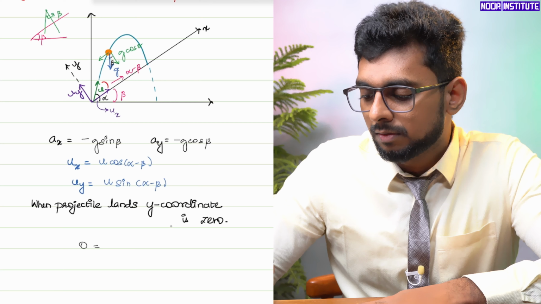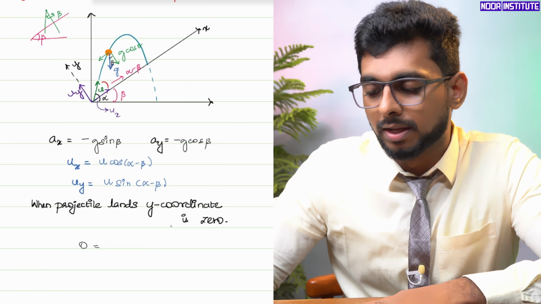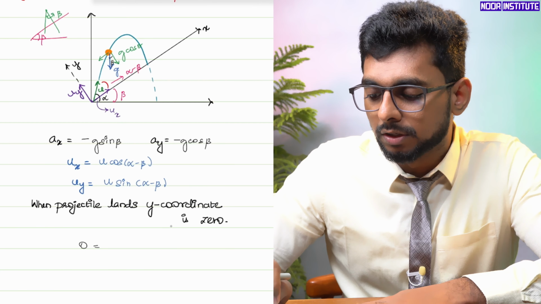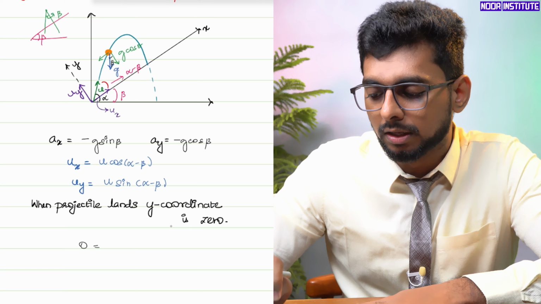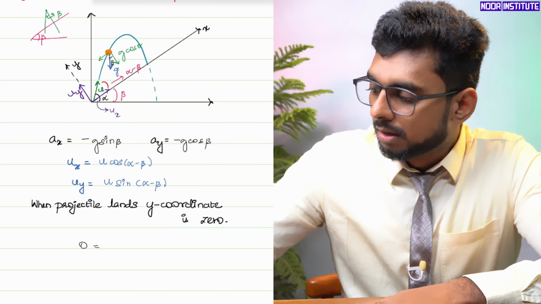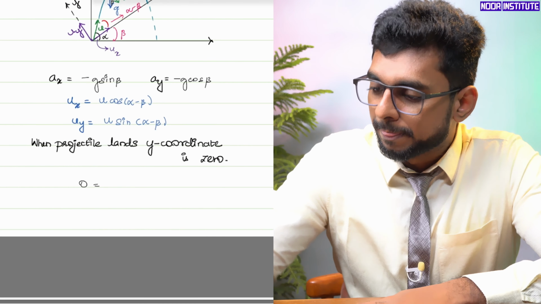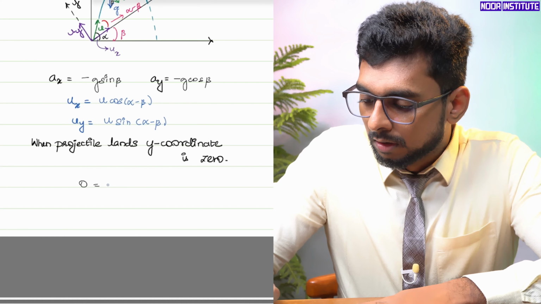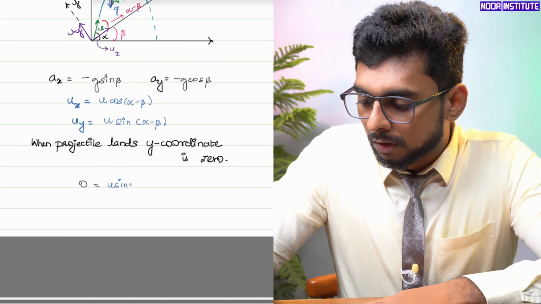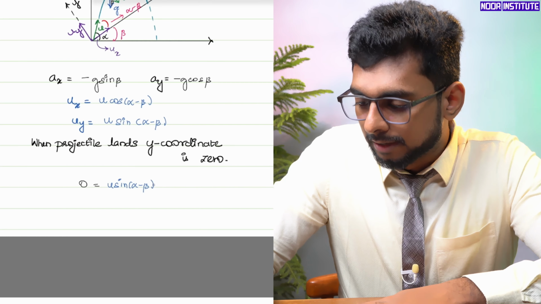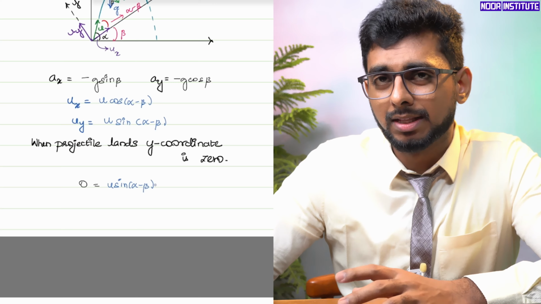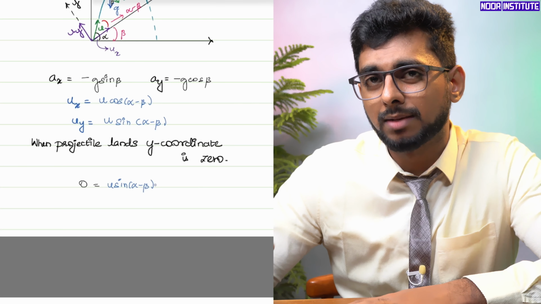So you've got ut plus half at square, right? Instead of u, I'll substitute the initial velocity along the y, which is u sine alpha minus beta. Time t is something that I need to find, which is nothing but the time of flight.